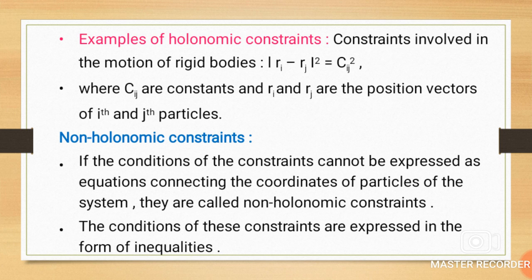So the rigid body can be expressed in the form of this equation. This is an example of a holonomic constraint, where Cij are constants and Ri and Rj are the position vectors of the ith and jth particles.